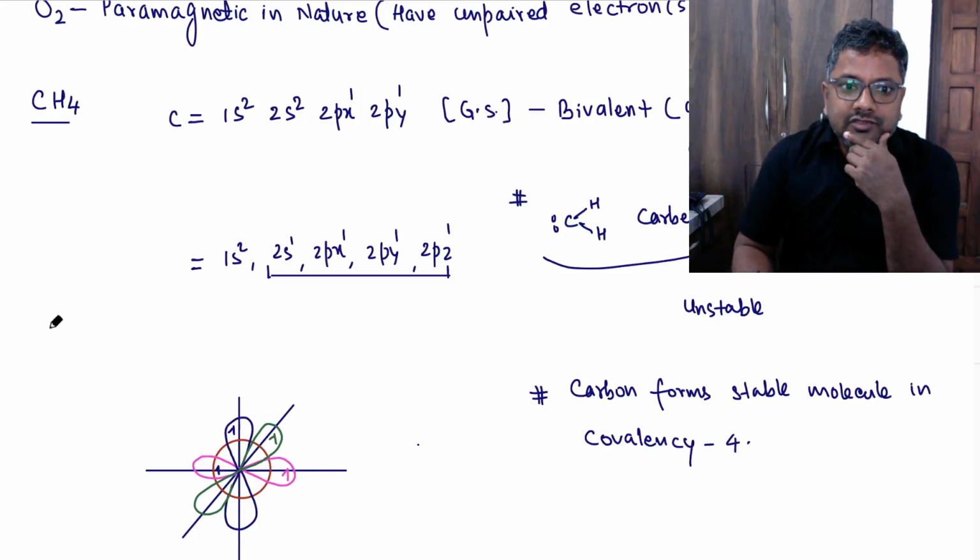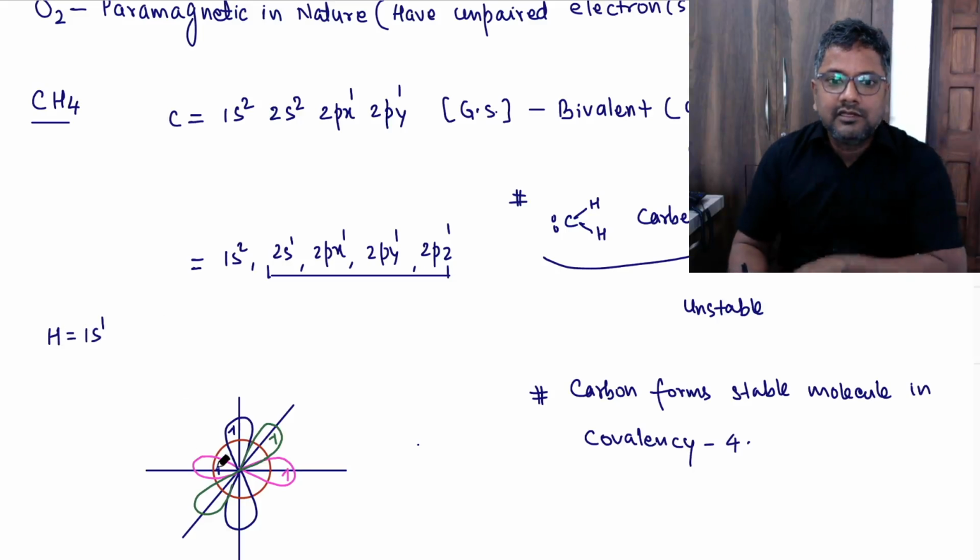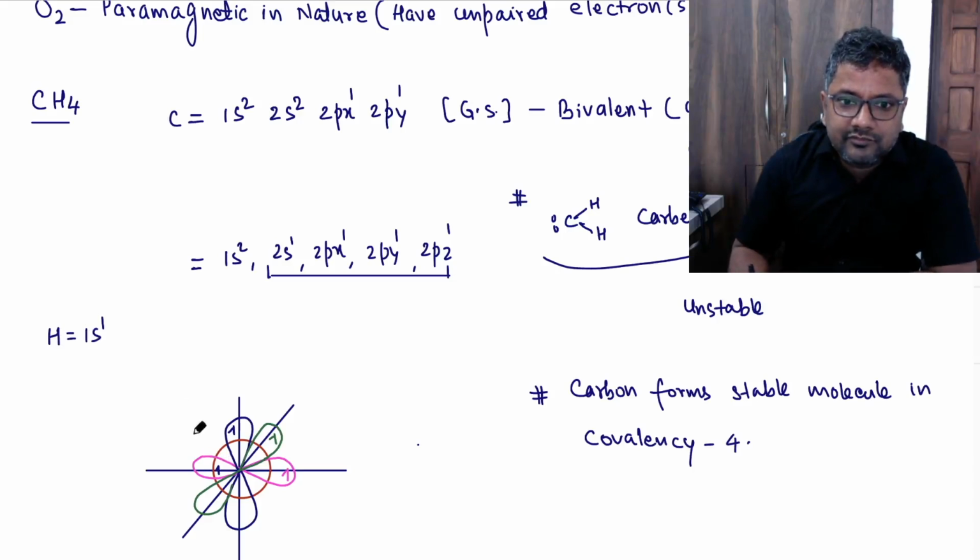Now see, hydrogen has one 1s electron, so one hydrogen is on this, because the nucleus of hydrogen should be here, and this is the carbon nucleus. Now 2s and 1s overlap, so this is 1s and 2s overlapping.